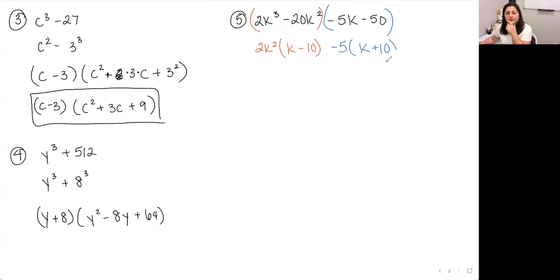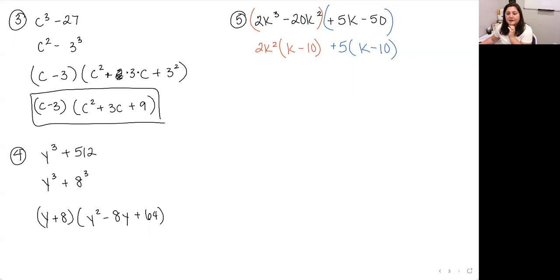Did I rewrite something incorrectly? I for sure rewrote something incorrectly. That's supposed to be a positive, which means my signs will be different. Okay, so what does that mean for us here? This is going to be positive 5, and then we'll be left with k minus 10.